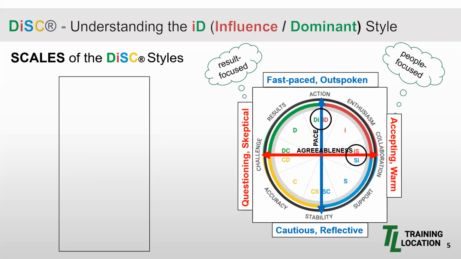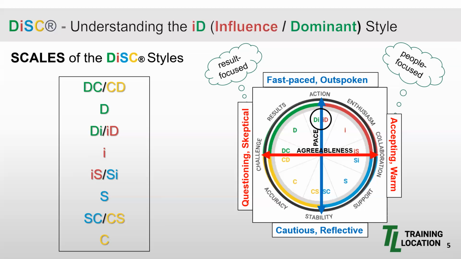Same is true of the IS/SI proximity, the CS and SC proximity, and the CD and DC proximity. The result is 8 DiSC scales instead of 12 styles, which you might expect. So we have 12 DiSC styles equal to 8 DiSC scales. They're listed there.